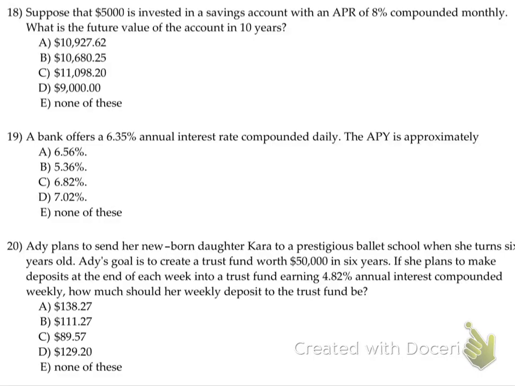Okay. So 18. Suppose that $5,000 is invested in a savings account with an APR of 8% compounded monthly. What is the future value of the account in 10 years? Okay. So is that a series of payments, or is it a one-time investment? One time, no payments.